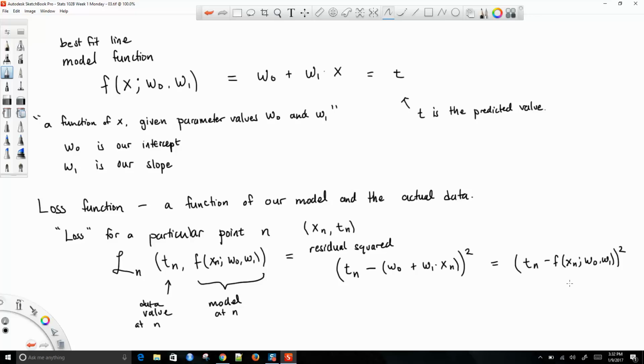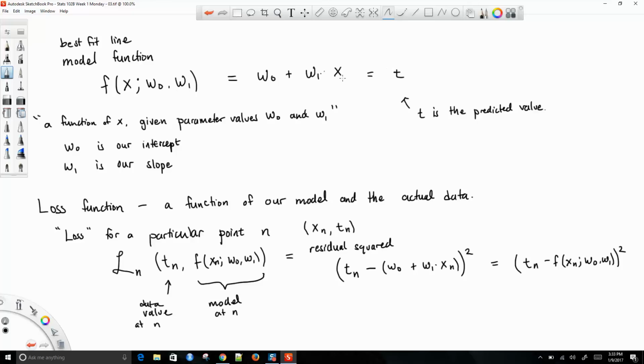Yes, question. If the loss function is the square difference of the actual value minus the predicted value, right? But here it is saying that t is the predicted value. Yeah, and f is our model. Maybe I should put a little hat over here.